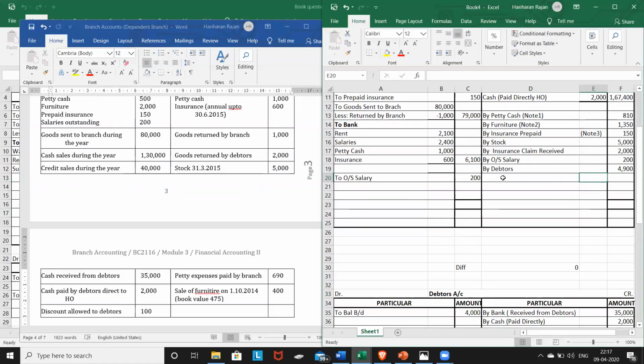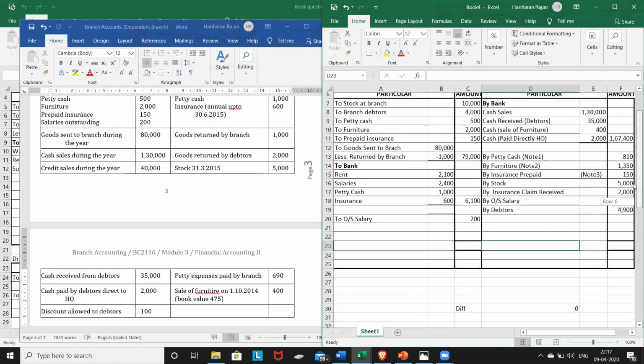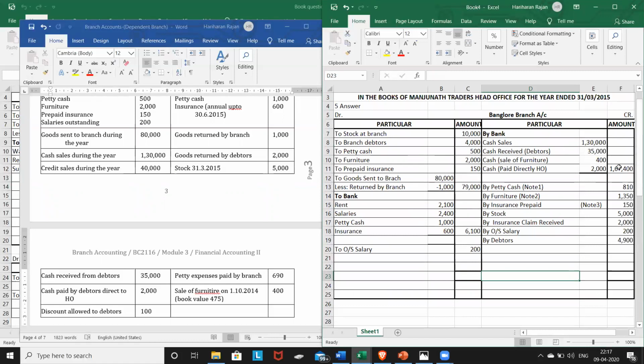Now all the information is filled. So let us find out what is the total. Total is 1,81,810.